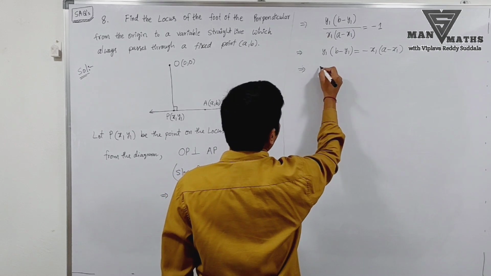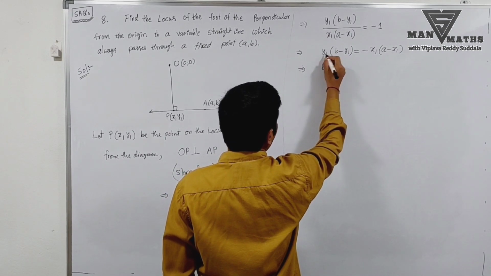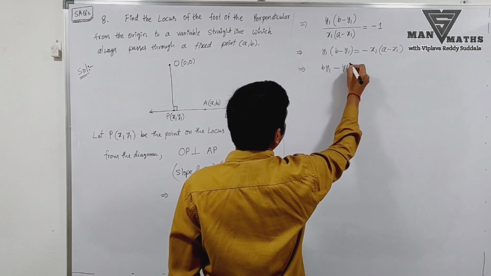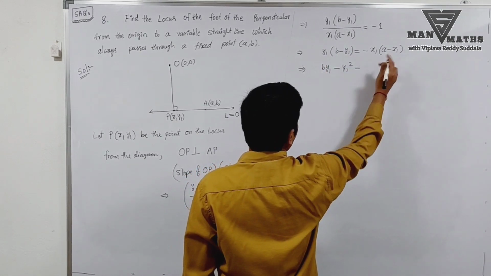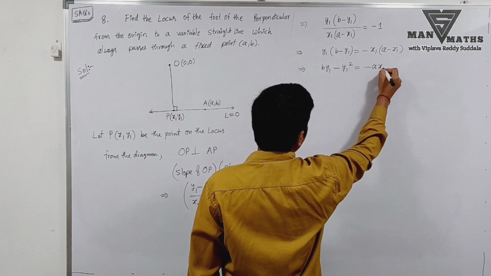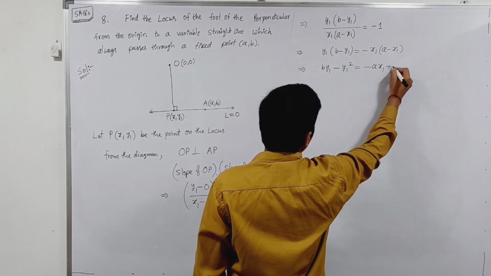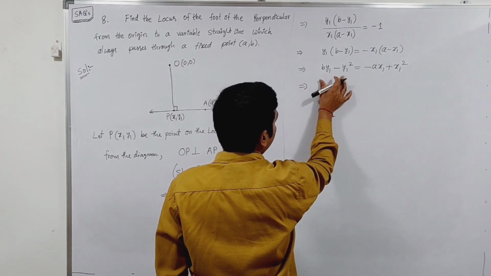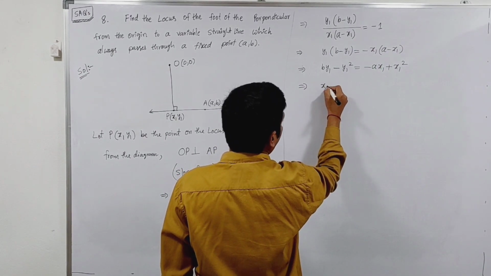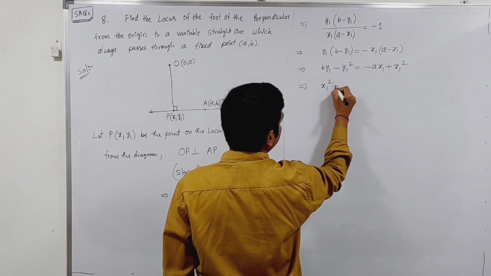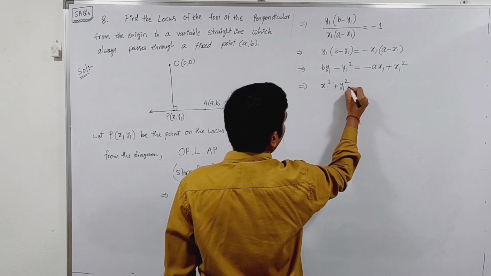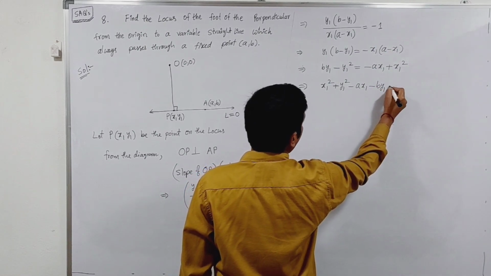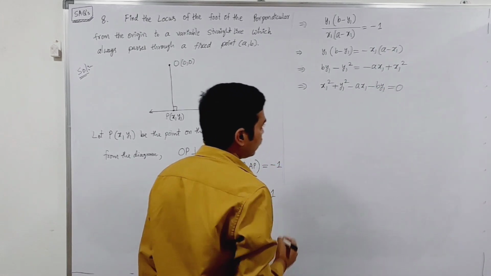Now multiply inside: y1 into b means b y1, y1 into y1 means y1 square, equal to minus a x1 plus x1 square. Now send all terms to the right side. We get x1 square plus y1 square minus a x1 minus b y1 equal to 0.